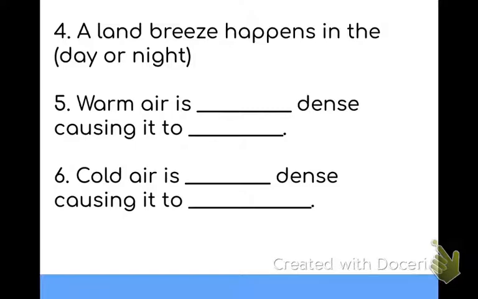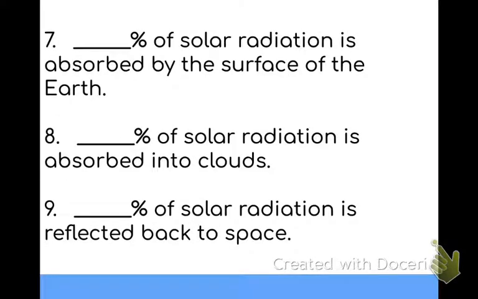Changing slides in 5, 4, 3, 2, 1. Next slide. Number 7. Blank percent of our solar radiation is absorbed by the surface of the Earth.